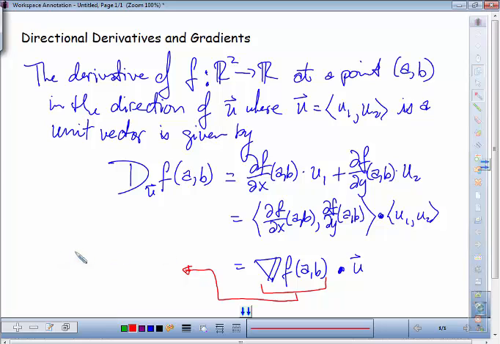So this is the definition of the gradient. So the gradient is a vector of partial derivatives with respect to the independent variables. Okay?